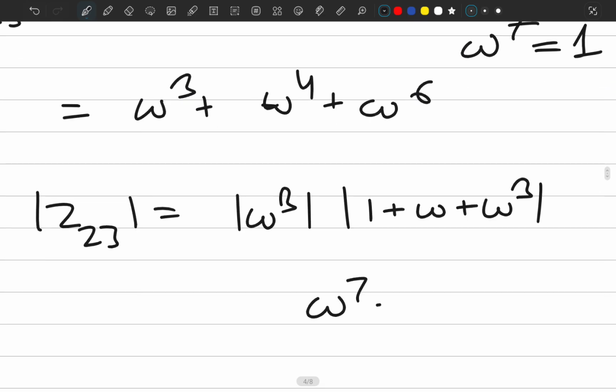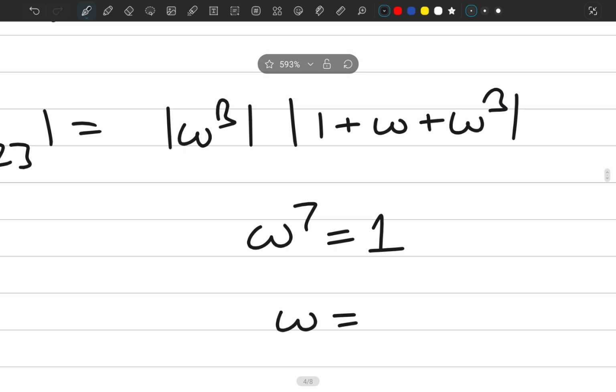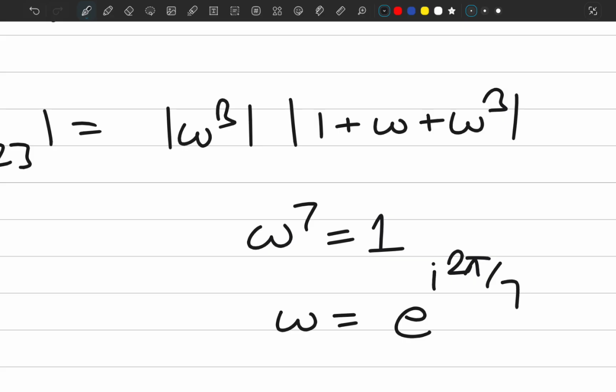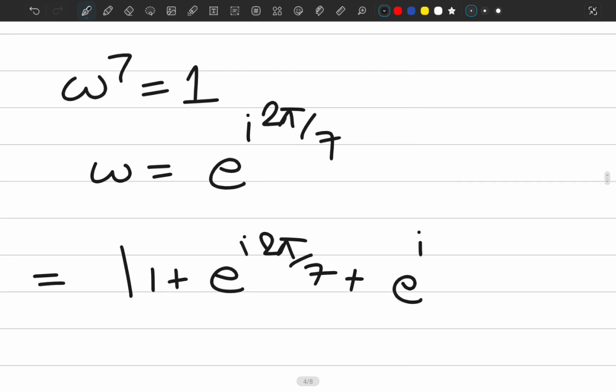Now omega 7 is equal to 1, so this means omega can be written as e to the power i 2 pi by 7. So this will in fact turn out to be 1 plus e to the power i 2 pi by 7 plus e to the power i 6 pi by 7.